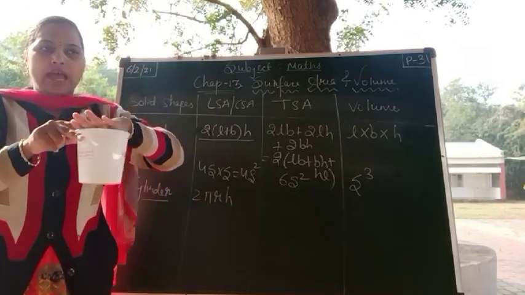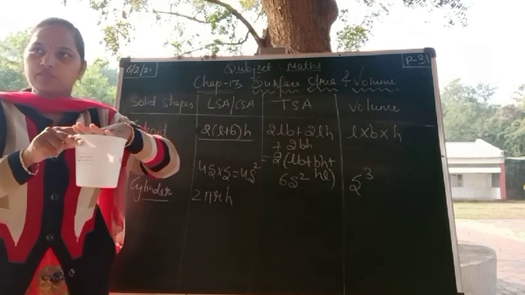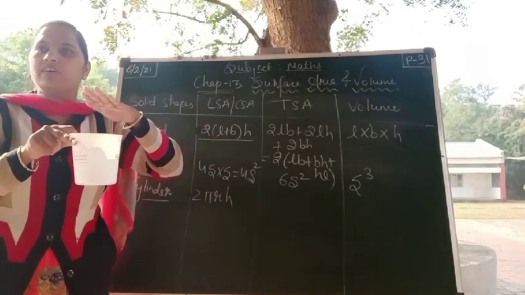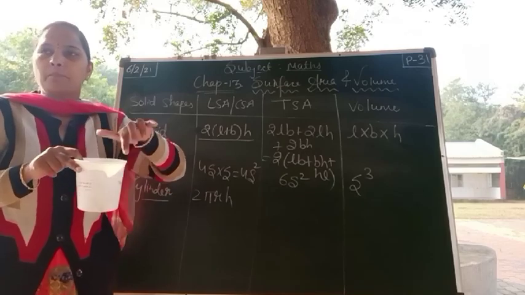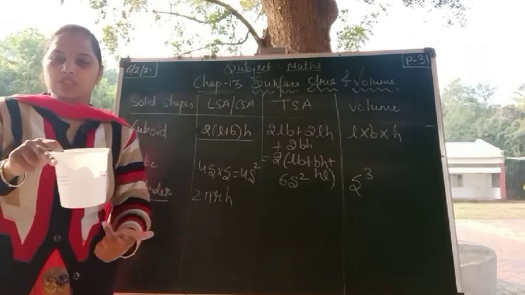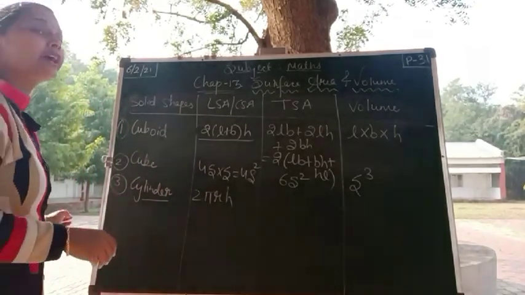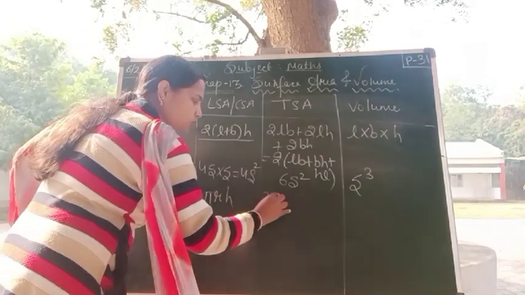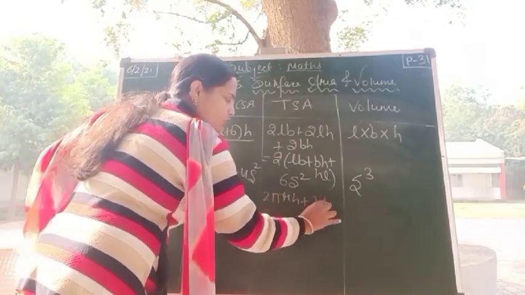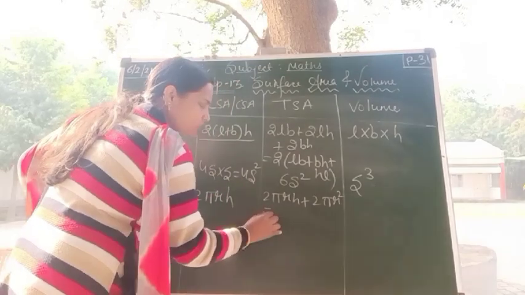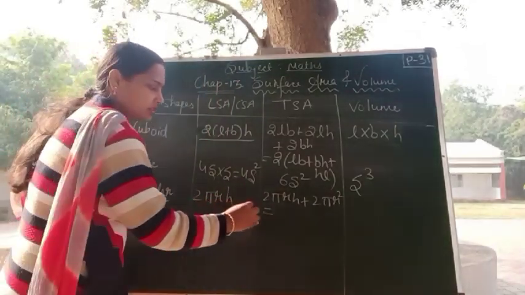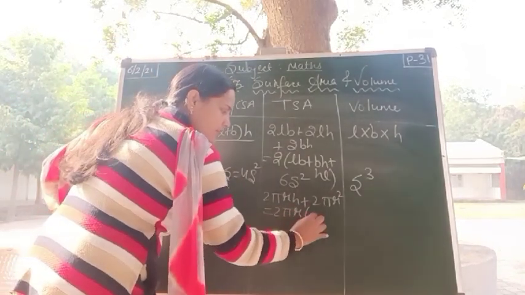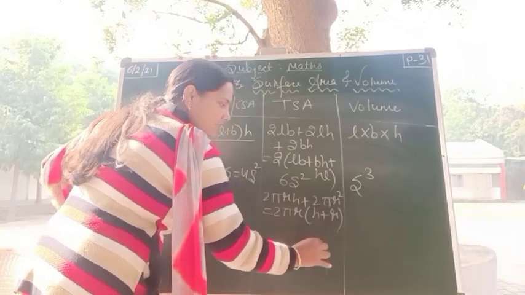Now add the area of this circle, and the area of the other circle. What is the area of a circle? Pi r square, plus pi r square. So 2 pi rh plus 2 pi r square. Now what is common here? 2 pi r is common, h plus r is left.